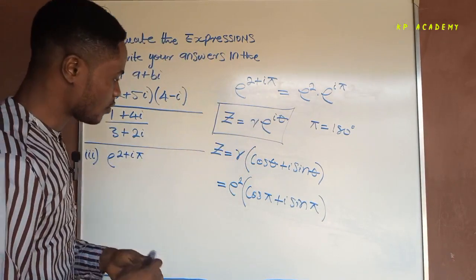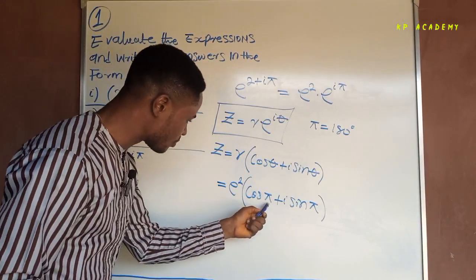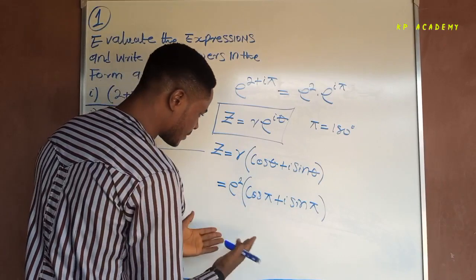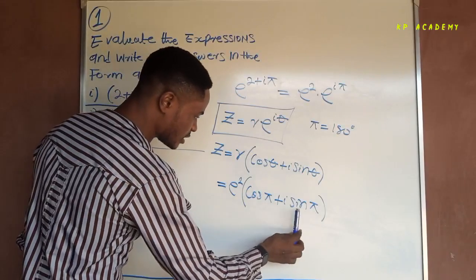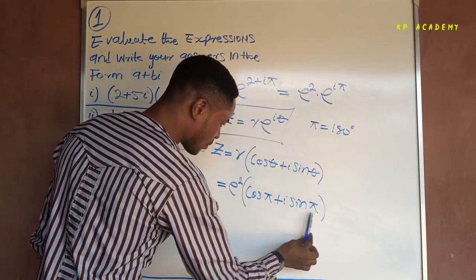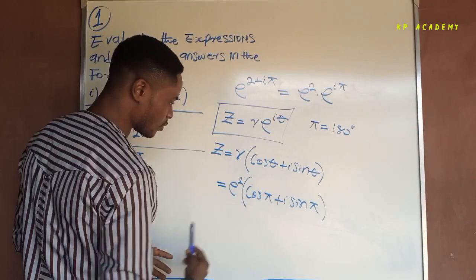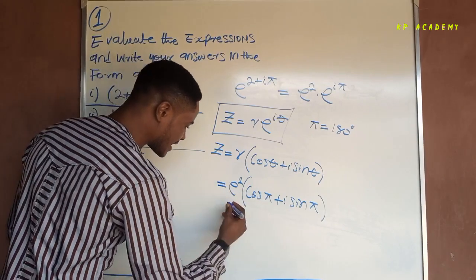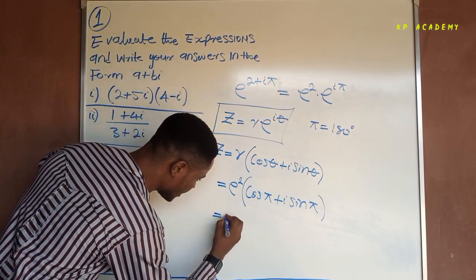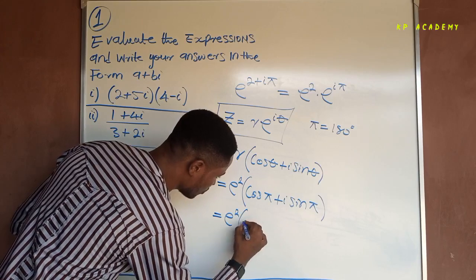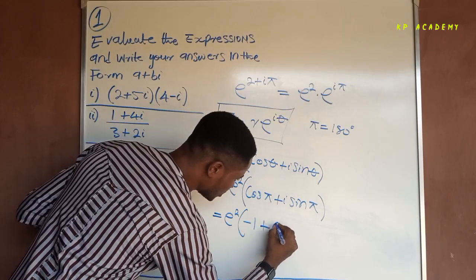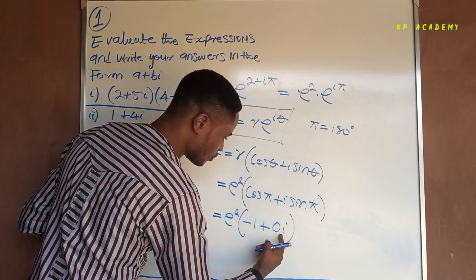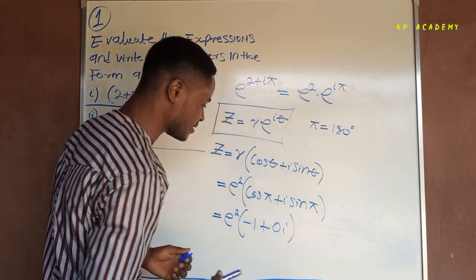We have this. So at this point now, we can evaluate cos pi and also evaluate sine pi. So now, evaluating them now, you find that this sine pi is more like saying sine 180, and sine 180 is 0. And now cos 180 is minus 1. So this is now more like saying that this is equal to exponential 2 into minus 1 plus 0i. Alright, because sine 180 is 0, so put the i, and of course 0 times i is 0.